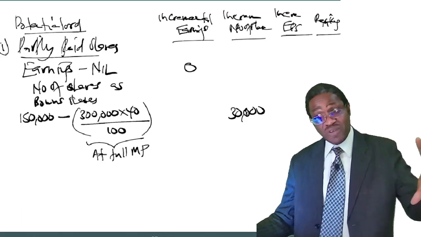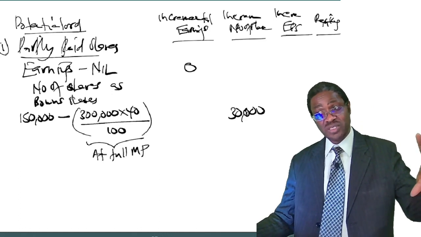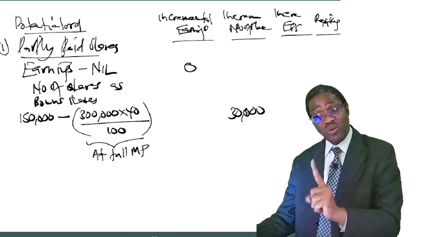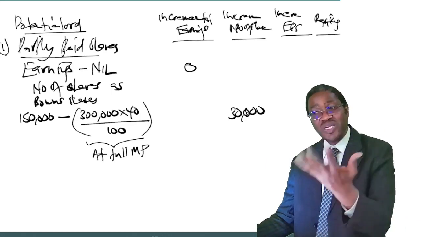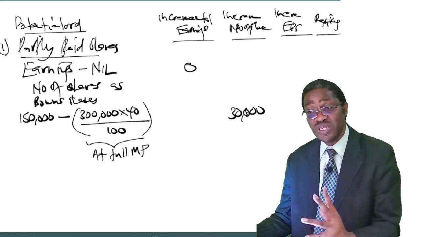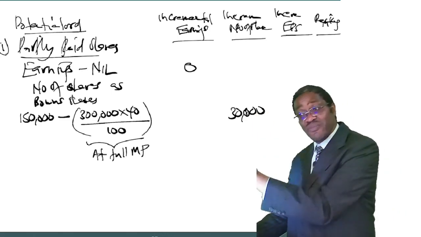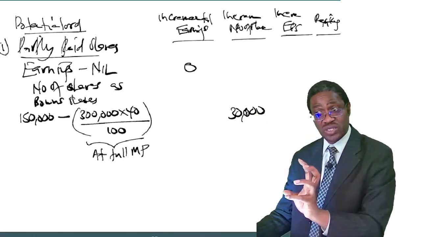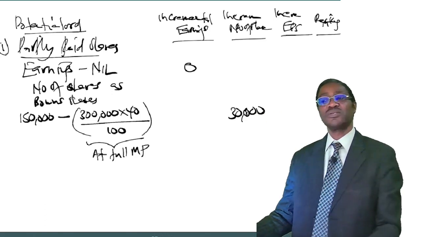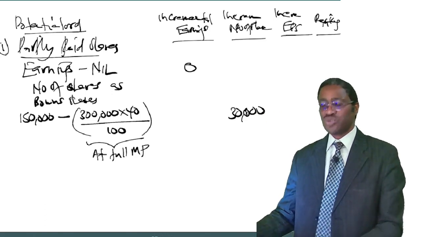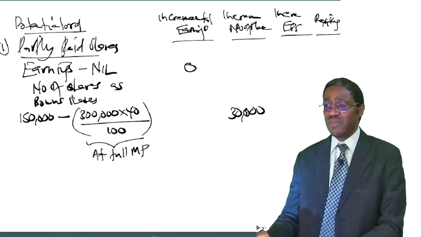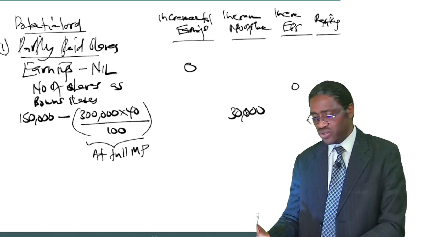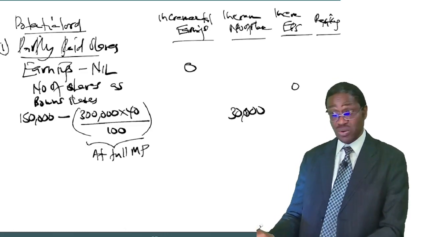I gave you 150 when we were computing the basic. You will bring the balance, I'll give you another 150. But out of your 150 that I'm going to give you, how many are going to be given to you for free? You take the amount you will receive in the future, divide by the average market price for the company's shares. That is 100. Good. So our incremental EPS, by the way, is how much? 0 divided by 30 is obviously an incremental EPS of 0.